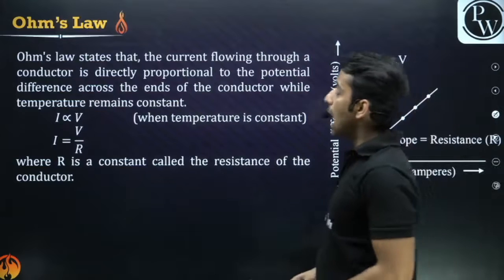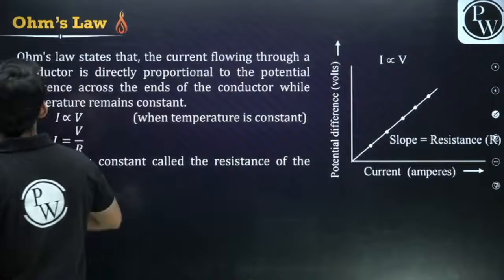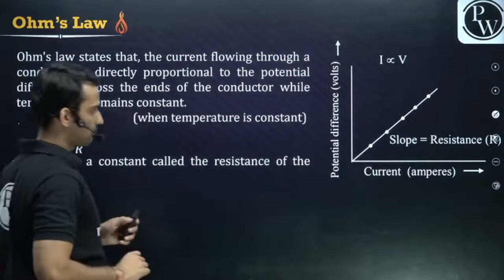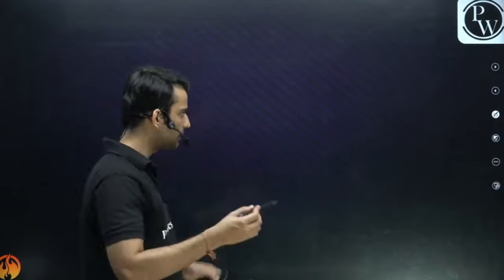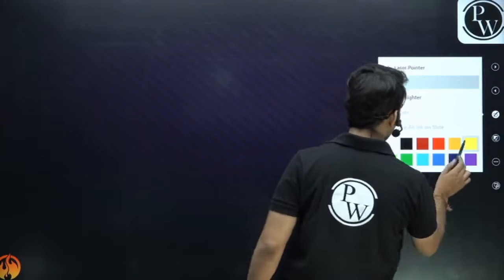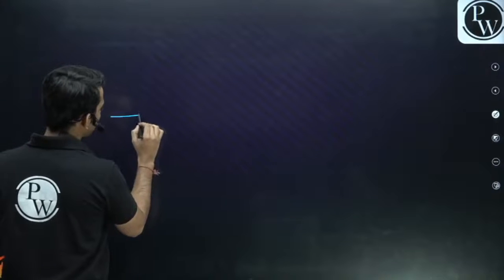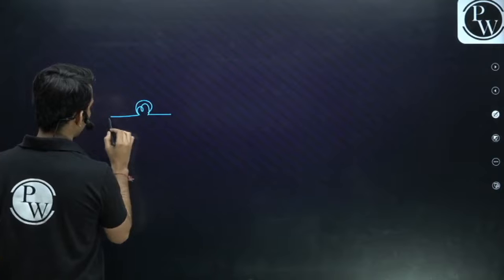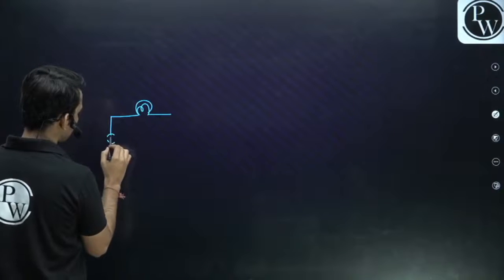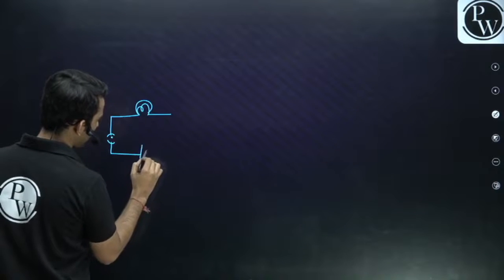Fine. Now, keeping all these things in mind, we have Ohm's law. What is Ohm's law, guys? Let's have a brief discussion on this. Suppose I have taken a bulb, and I have a key closed. I have a battery.